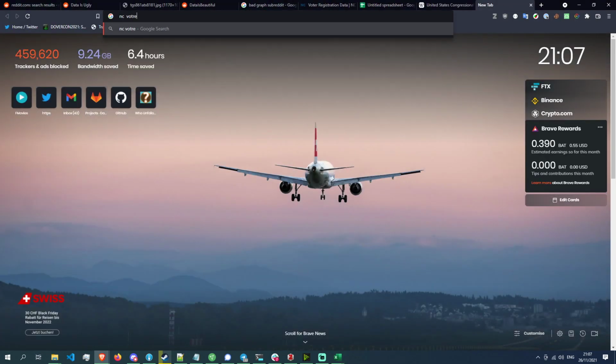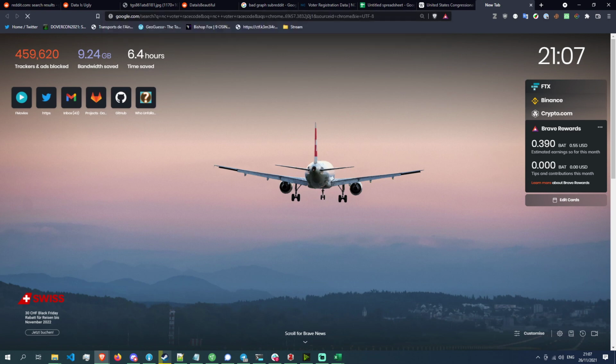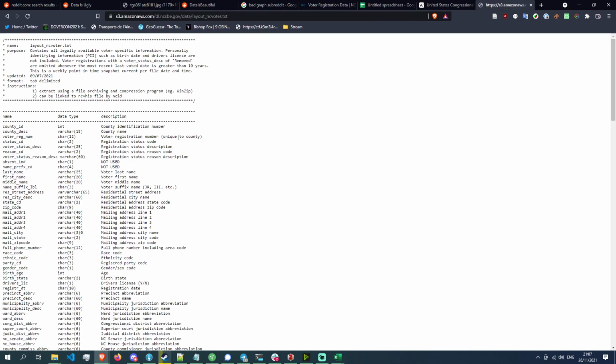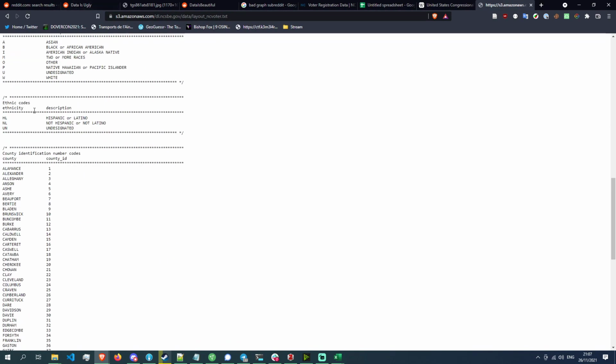NC voter, and let's go with race code. Race codes, voter registration. Race code, ethnic code. Someone wrote the entire thing.